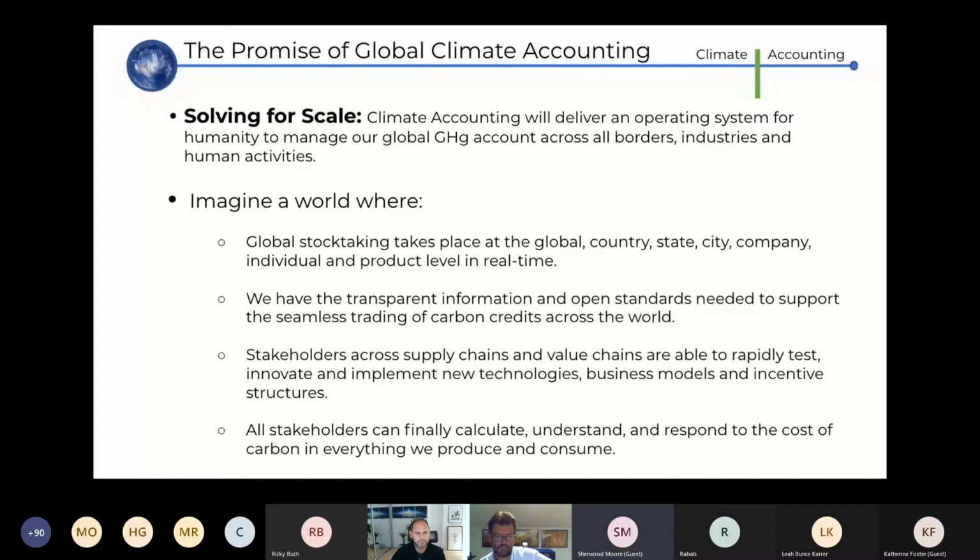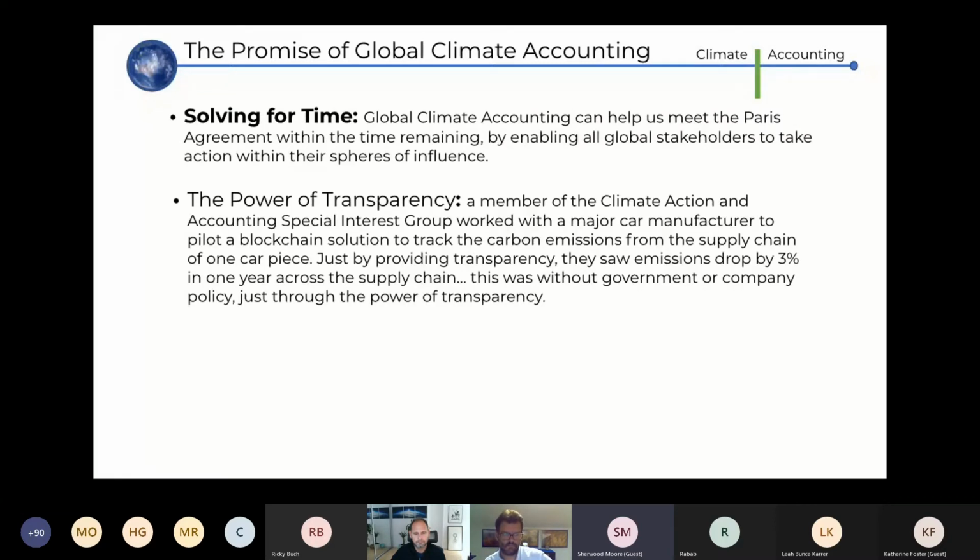With the issue of time, global climate accounting will allow us to meet the tight timeline that we have for the Paris Agreement, by enabling all global stakeholders to take action within their spheres of influence. And for that, I just want to share a bit of anecdotal evidence, a story from some experience we have with a member of the Climate Action and Accounting Special Interest Group that I'm now co-chairing.